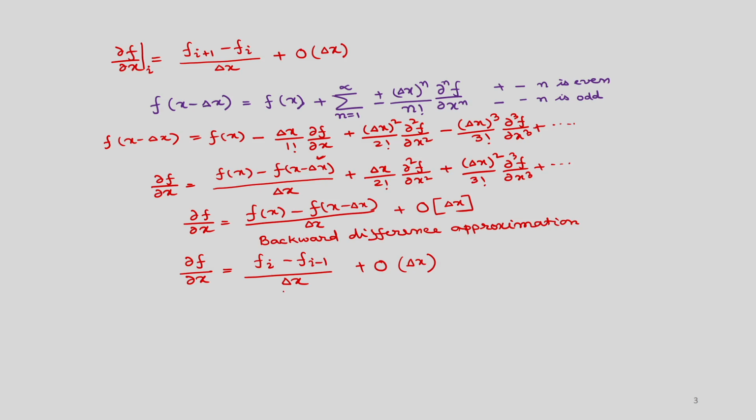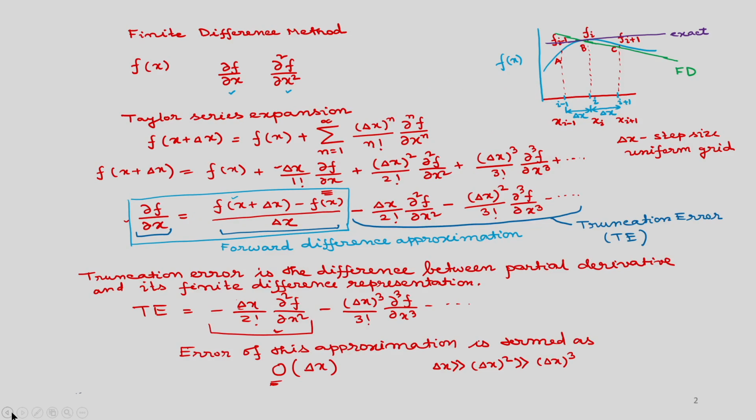So, if you want to graphically represent it, you can actually join the points A and B. You are using point A, x i minus 1, and point B, x i. So, it will be the graphical representation of this approximation. So, this is the slope using backward difference. Okay.